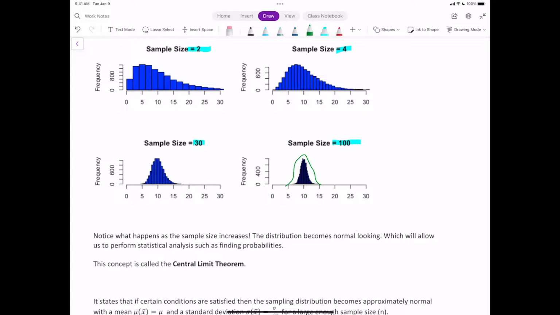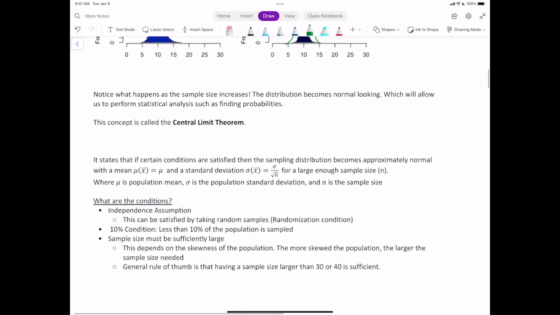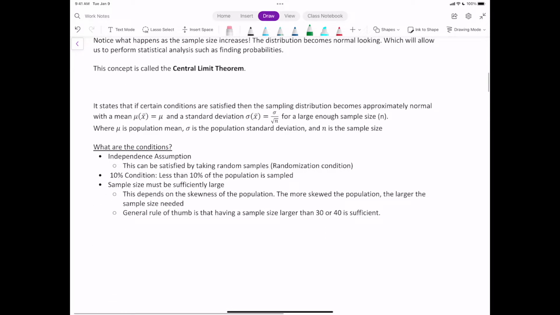The central limit theorem states if certain conditions are satisfied, then the sampling distribution of means becomes approximately normal with a mean equal to mu and a standard deviation equal to this interesting looking formula: the standard deviation divided by the square root of n, for a large enough sample size n. As I denoted here, mu is your population mean.